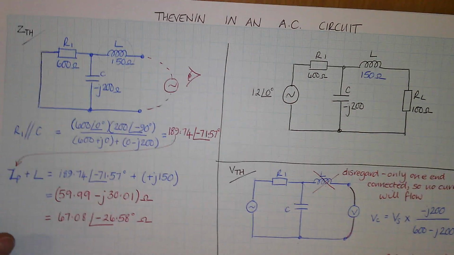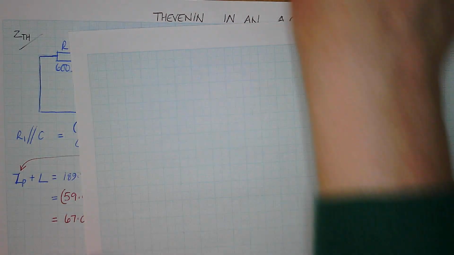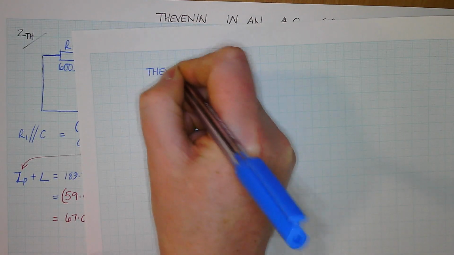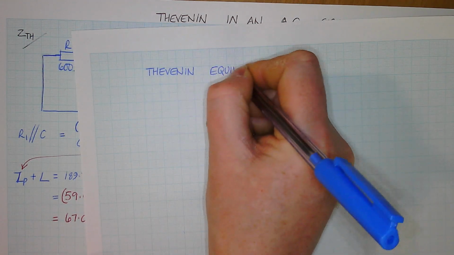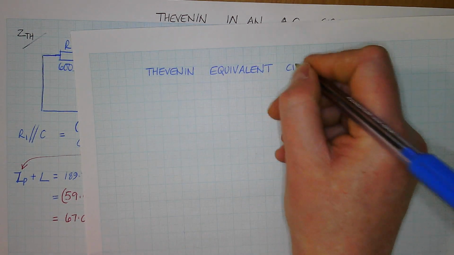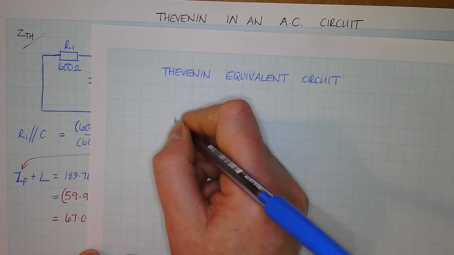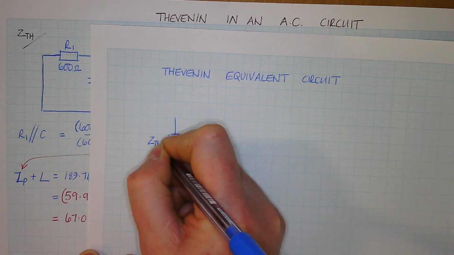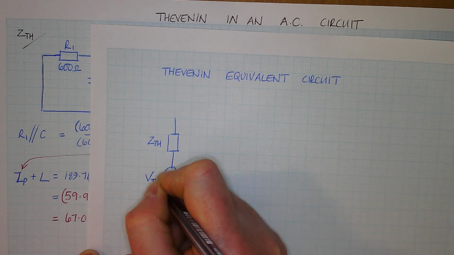I'll leave that underneath just now. A Thevenin equivalent circuit is going to be, so in a Thevenin equivalent circuit, you're going to have your Z Thevenin in series with your V Thevenin.